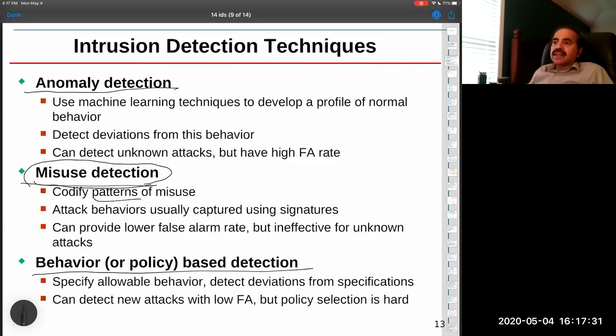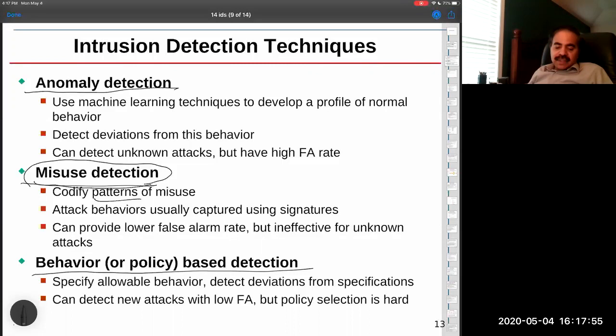Maybe they reorder the steps, or they add steps that are not really important and are not relevant to the attack, but confuse the detection system anyway. So as a result, misuse detection has a lot of gaps and can easily miss real attacks.